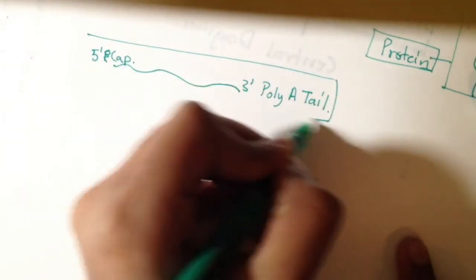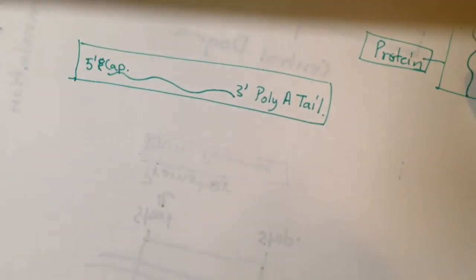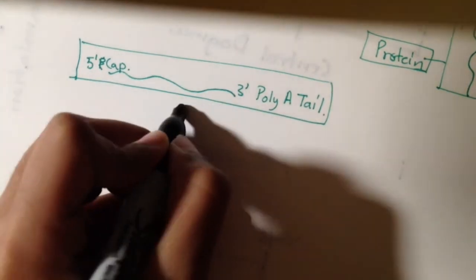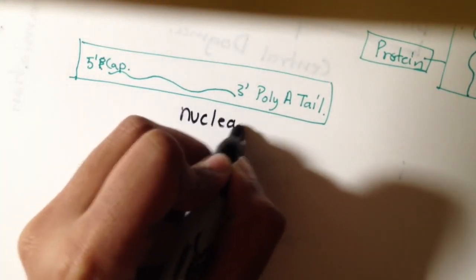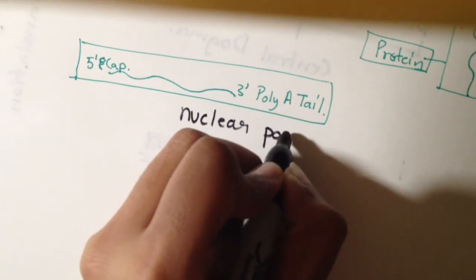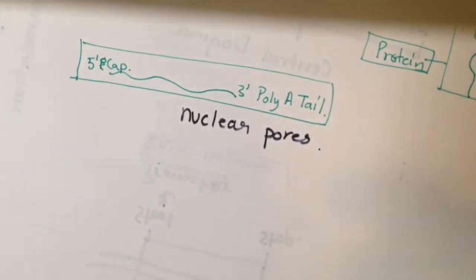So this strand of RNA leaves the nucleus by diffusing out of it through nuclear pores, and it enters the cytoplasm where ribosomes attach on it, and it begins the process of translation.